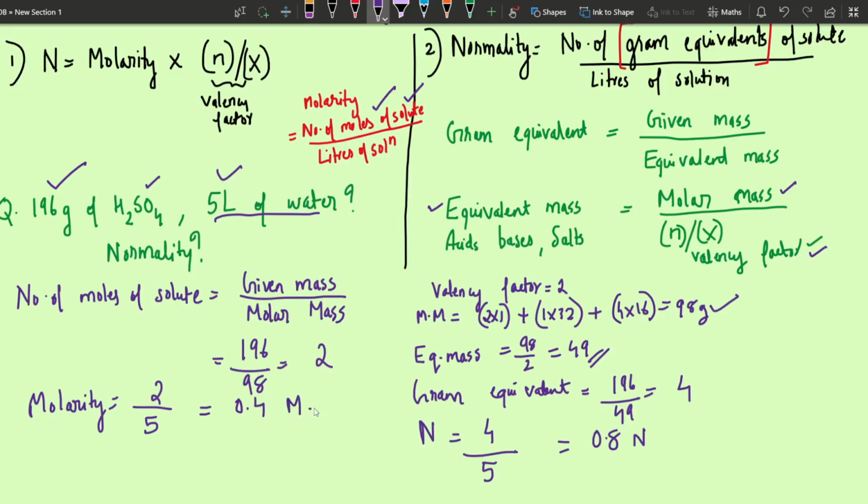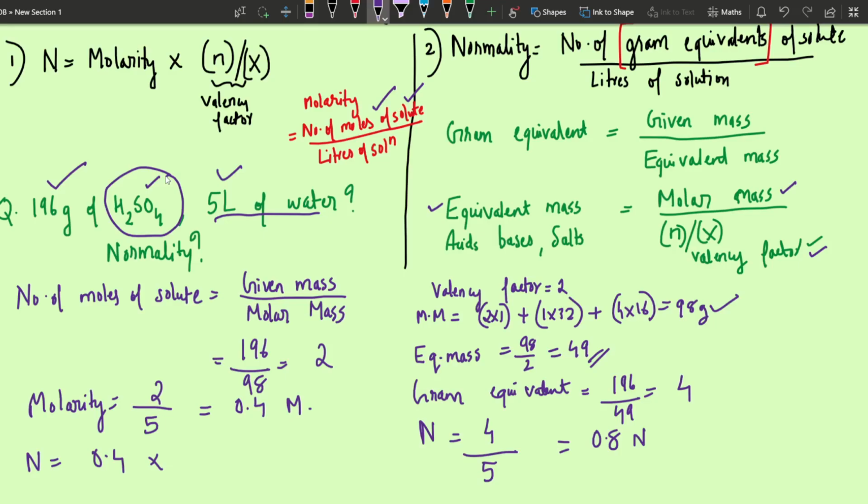That is the molarity. Now, if it is difficult for you to remember this method for normality, then use the small formula, which is normality is equal to molarity into valency factor. Normality in this case is molarity, which is now 0.4, into valency factor. You should find the valency factor by seeing the solute, which is either acid, base or salt.